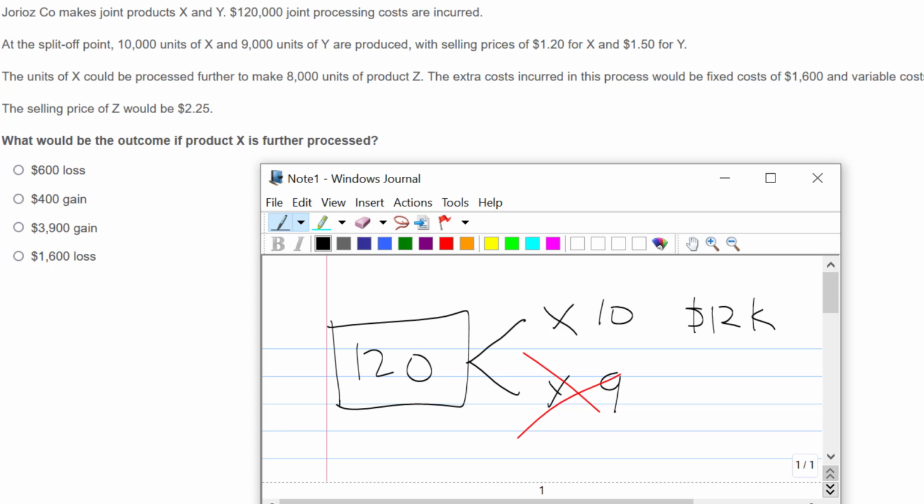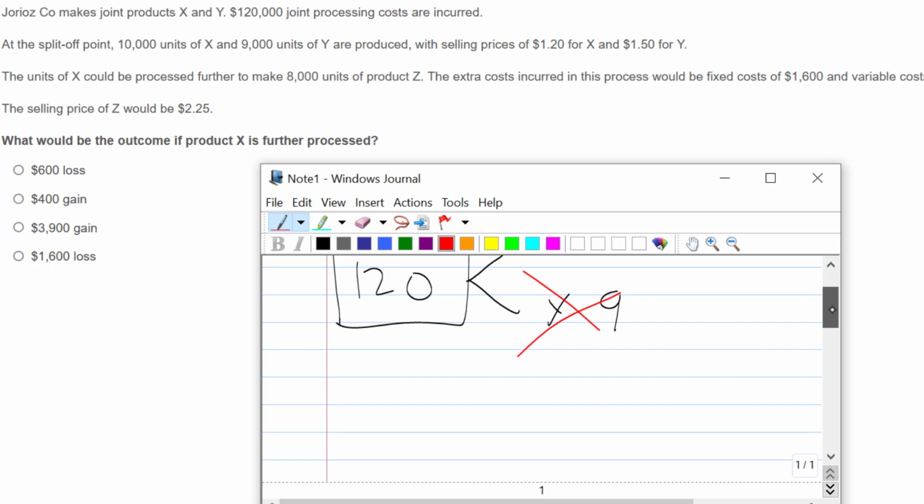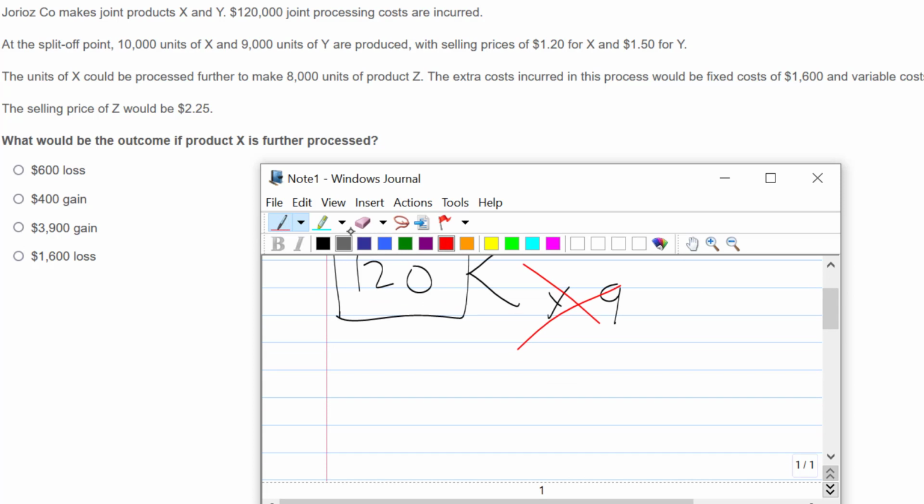But we're thinking now, let's further process the X's and we'll turn them into product Z. Let's read about product Z. First thing that happens, we only get 8,000 units out. So there's some evaporation, some loss. So we don't earn revenue on 10,000 units.